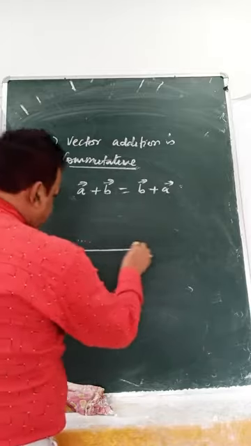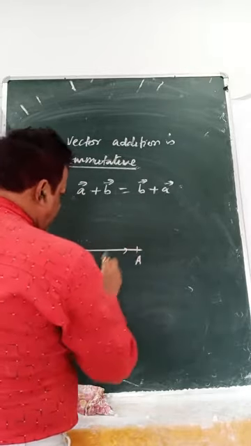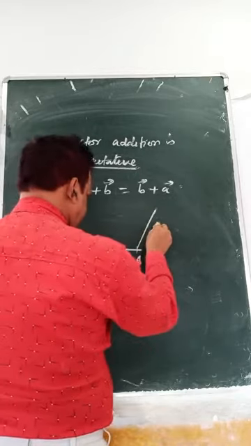Suppose this is O, this is your A vector, and I have taken here B vector.